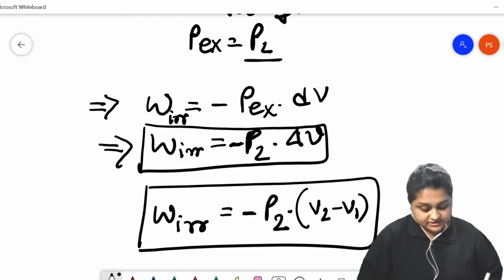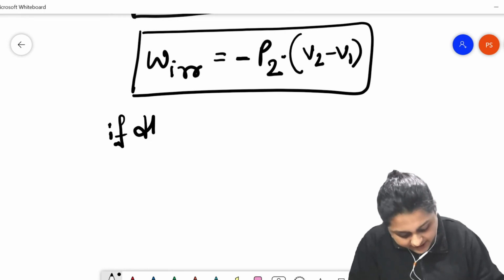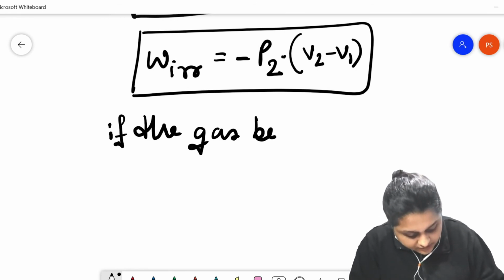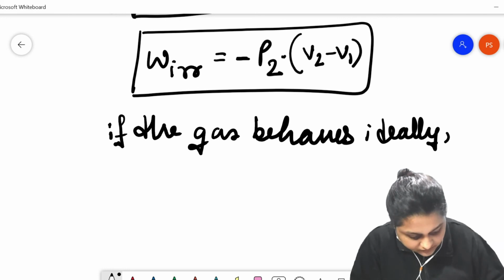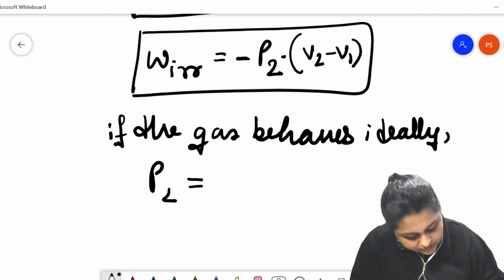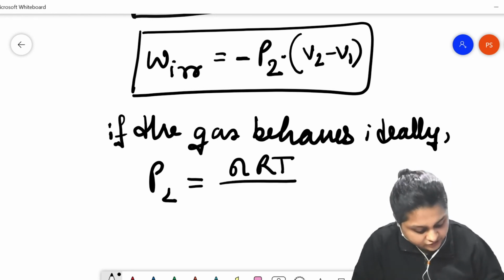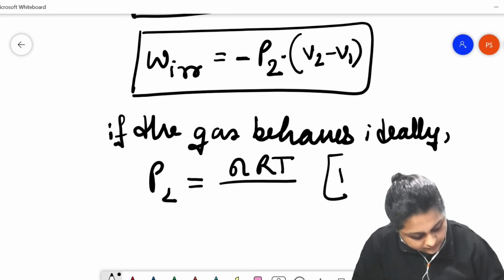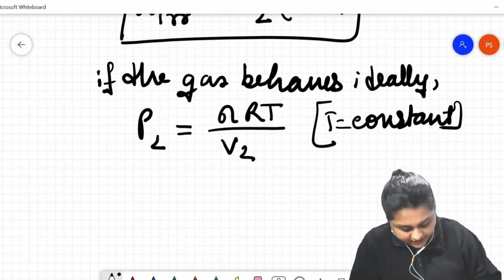Now if the gas behaves ideally, and I am also applying the isothermal condition, then you can write P2 equals nRT by V2. Now let's substitute that value in here.